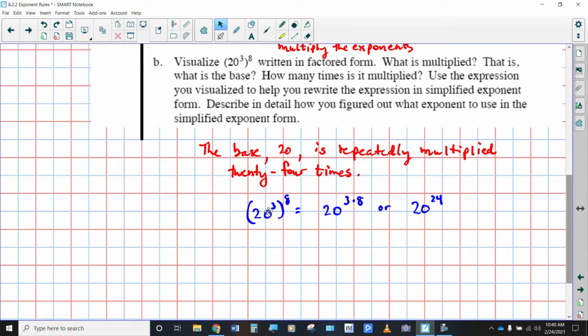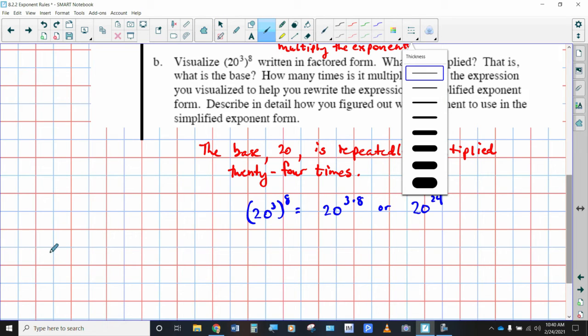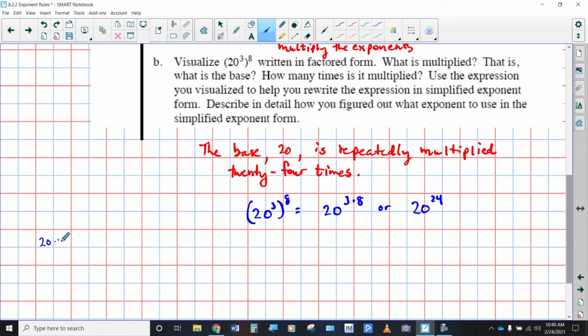Well, whenever you're taking the power of a power, you just multiply the exponents together and you keep your base. So if you could picture this completely expanded out, let me go ahead and do this using very small writing, 20 times 20 times 20. Okay, that's 20 to the 3rd power.